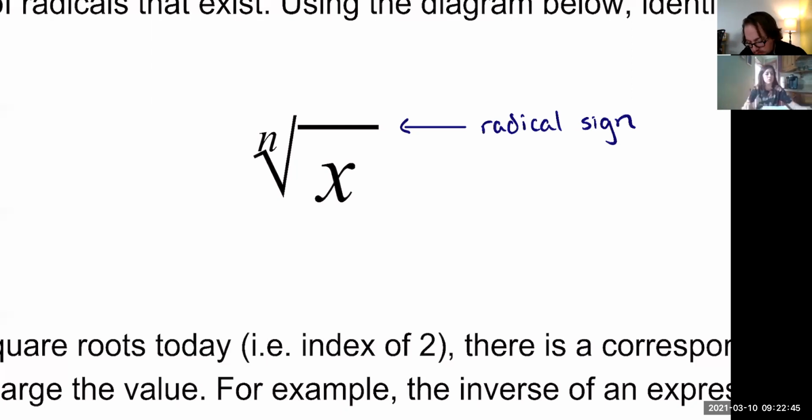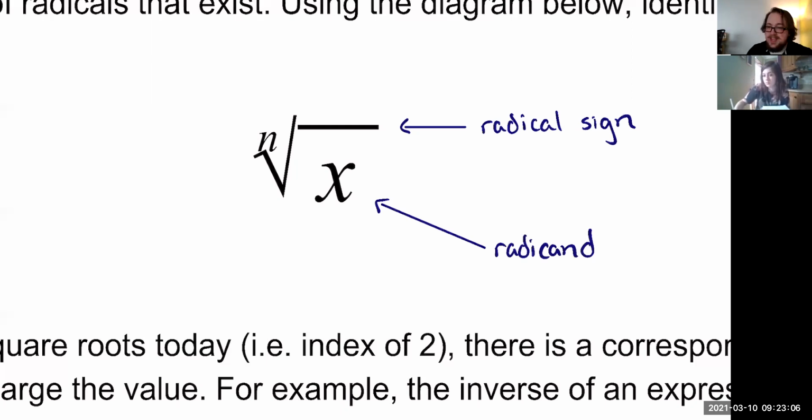Now, the radical sign is an operation, and what it performs its operation on is everything inside, which is referred to as the radicand, which every time I say that, for some reason, I think of a Pokemon. Kind of sounds like a Pokemon name, but it's referring to everything contained within the radical sign.